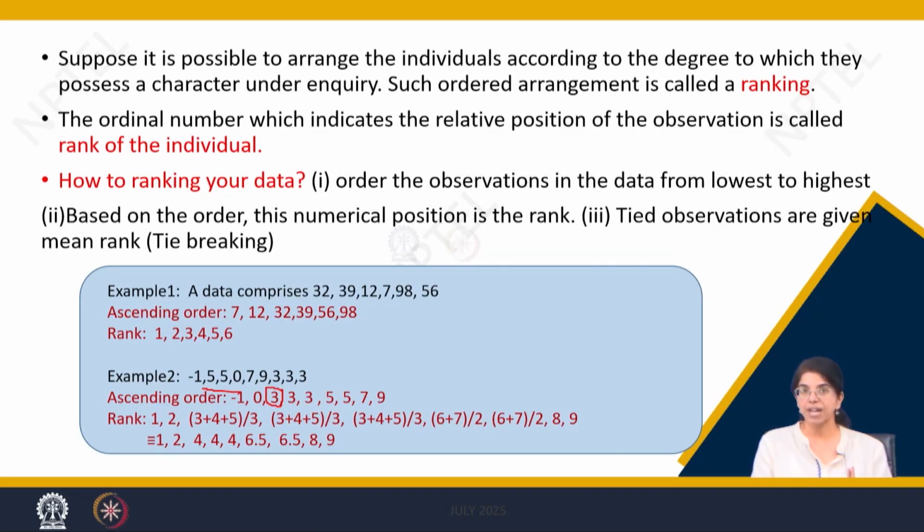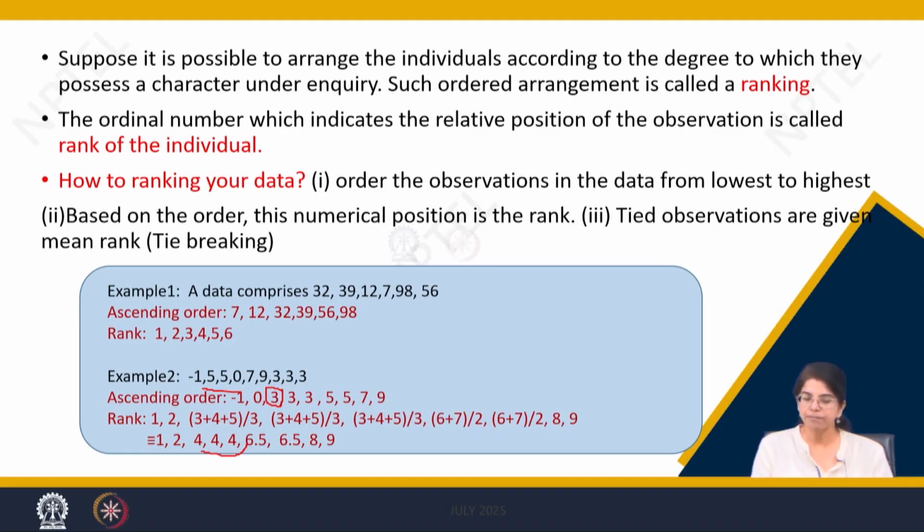So altogether 3 consecutive ranks, 3 plus 4 plus 5, divided by 3. This is a sort of averaging, and it gives the average rank 4. So for 3, the rank will be 4. There are three 3s, so the ranks are 4, 4 and 4. The next 3 has the same rank, and the next one also remains the same.